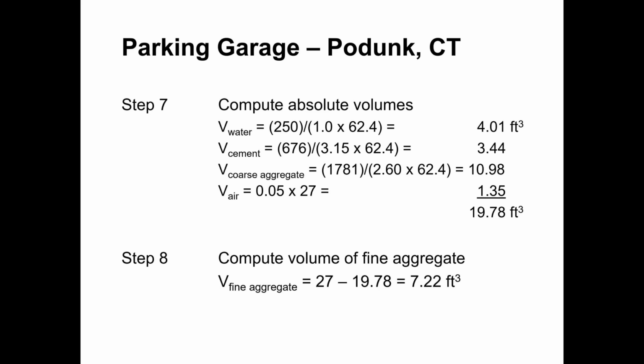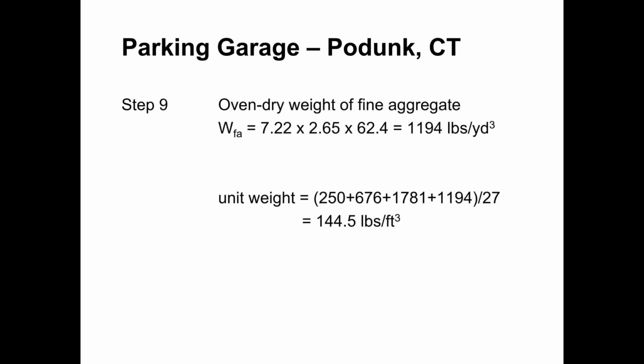So we need to convert that fine aggregate volume into a weight that we can use in our batching process. So we're given that the specific gravity of our sand is 2.65. So we can calculate the weight of our aggregate as 1,194 pounds per cubic yard.